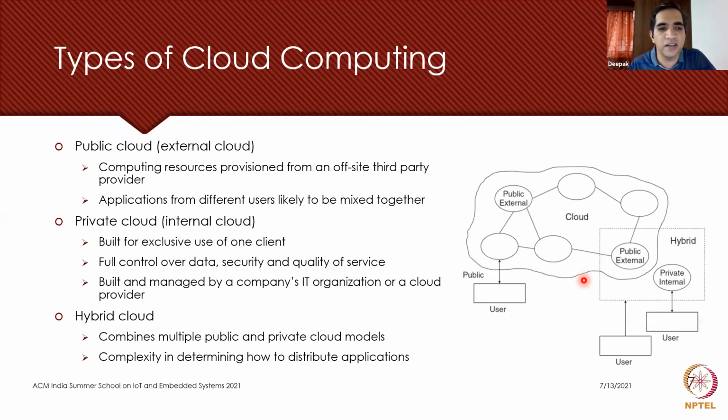That is public cloud, whereby every service or resource that you are trying to access is remote. It's an external cloud, so it's not part of the setup where the user is located.